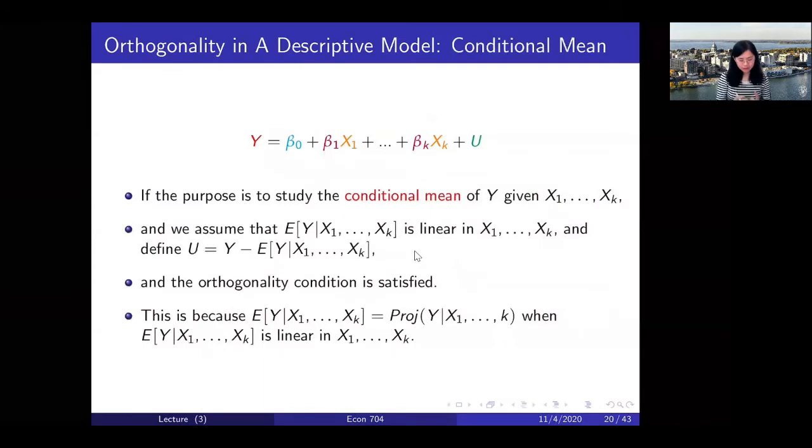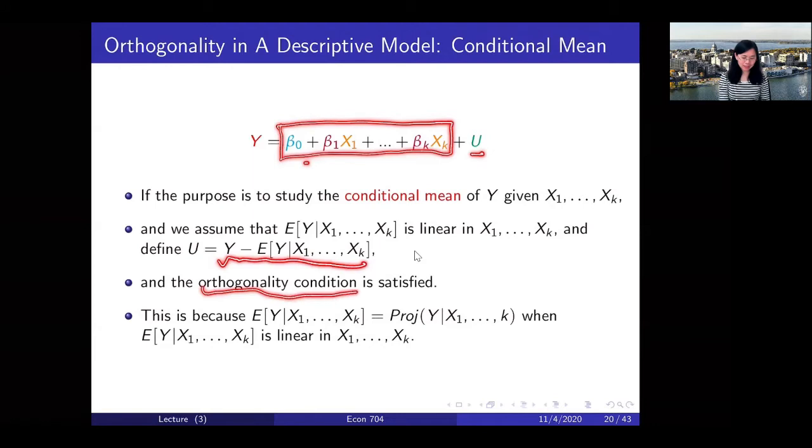Now, on the other hand, if you assume that the conditional mean is linear, and you use this part to describe the conditional mean of y given x, then u is the difference between y and the conditional mean. In this case, the orthogonality condition is also automatically satisfied.